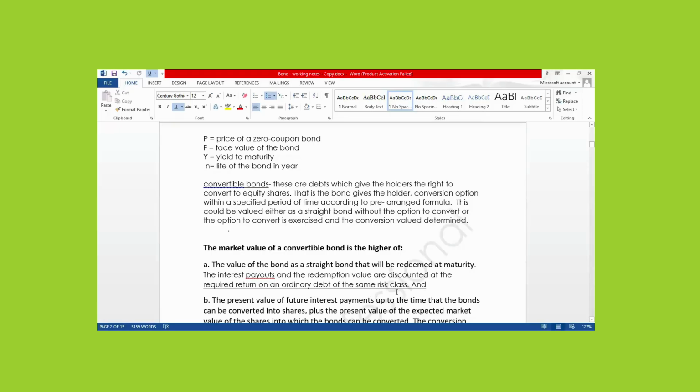Our discount rate is the required return on ordinary debt of the same risk class. That is alternative 1.